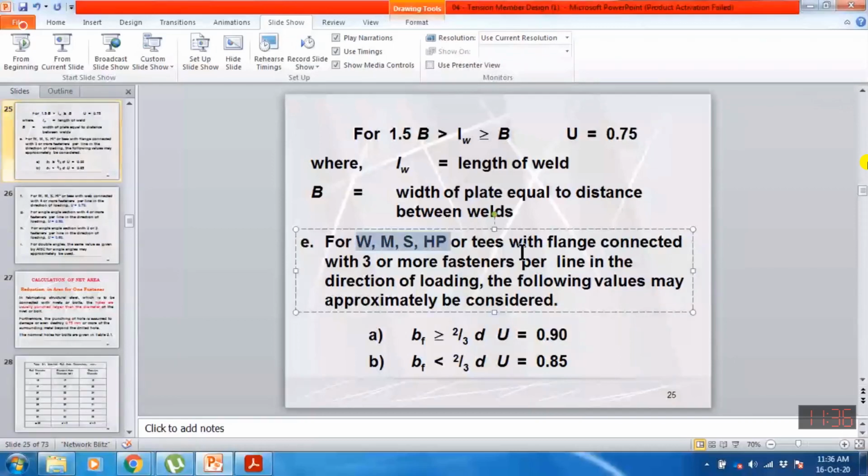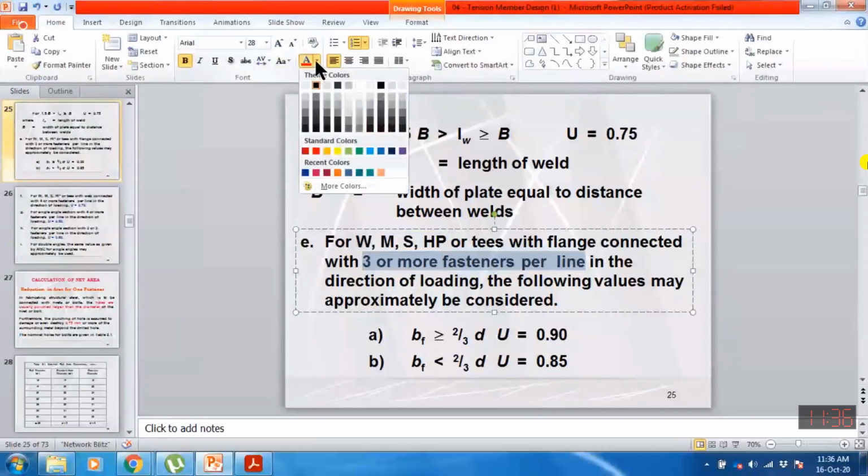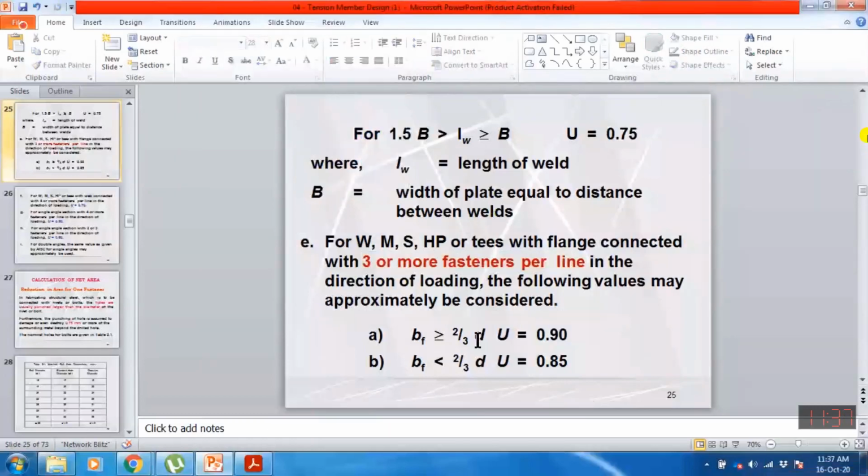We can provide the bolts either in 2 lines or in 1 line. So here, 3 or more. If the flange width is 2 by 3 of the depth, meaning 0.67, then the shear lag factor will be 0.9.